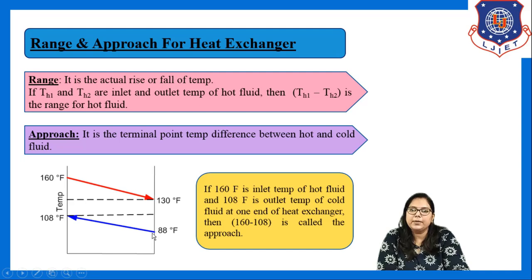And 130 minus 88, that is another approach. So, if 160 Fahrenheit is the inlet temperature of hot fluid and 108 Fahrenheit is the outlet temperature of cold fluid at one end of the heat exchanger, then 160 minus 108 is called the approach. That is the terminal point temperature difference.